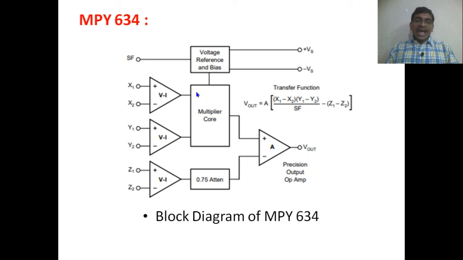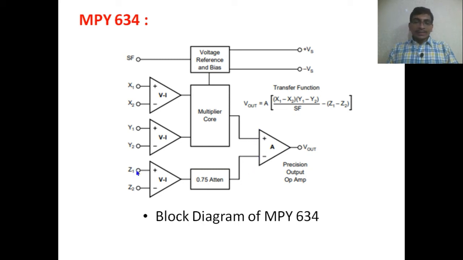Actually it is multiplying X and Y, and Z is the attenuation factor that we can change by using external resistors, and SF is a scaling factor which is given to the voltage reference and bias section of the block diagram, and this voltage reference is given to the multiplier core in order to change the scaling factors. These X inputs and Y inputs are going into the multiplier core and getting multiplied, and the multiplied output is given to the op amp.